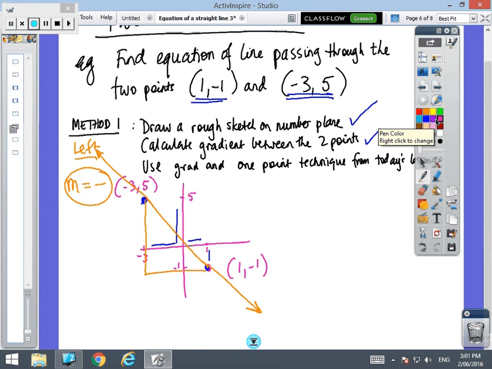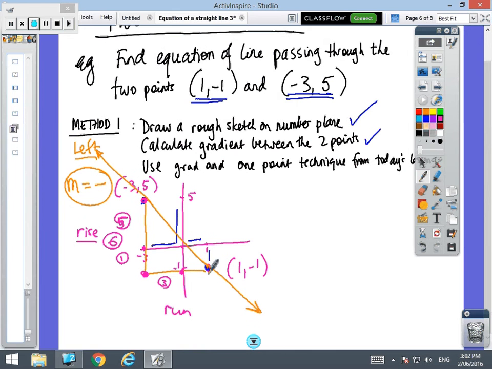Again, we'll do it in steps. We've got to go from here to here for the rise. From minus 1 to 0 is 1. From 0 to 5 is 5. So our total is 6. For the run, which is across the bottom, I'm going from minus 3 to 0, so that's a 3.